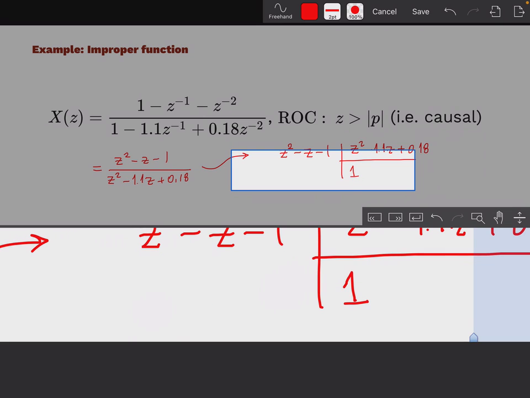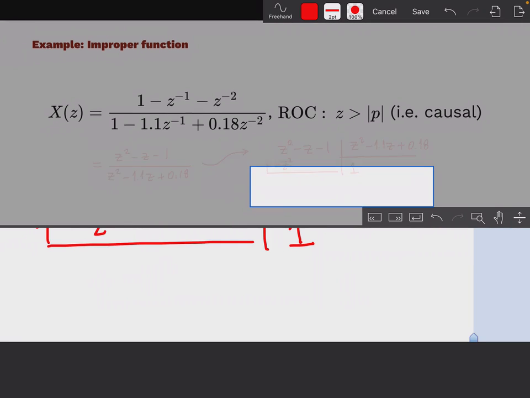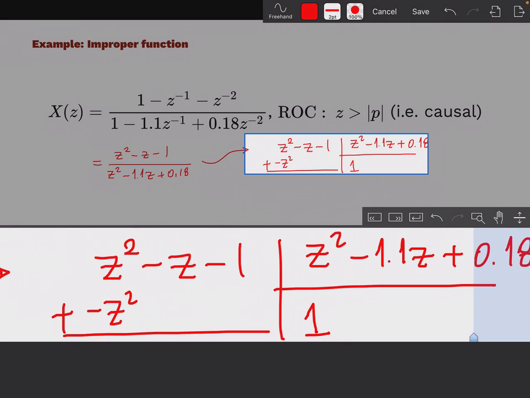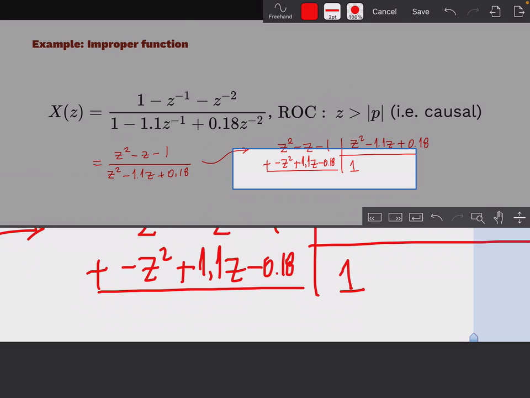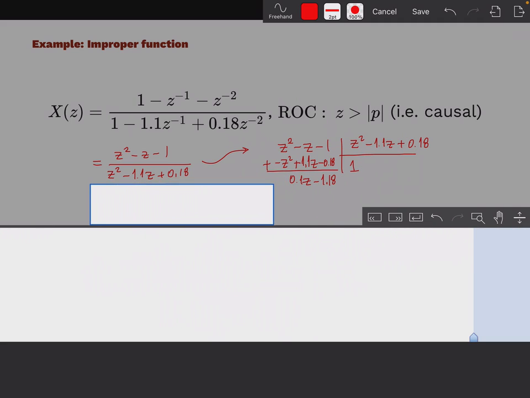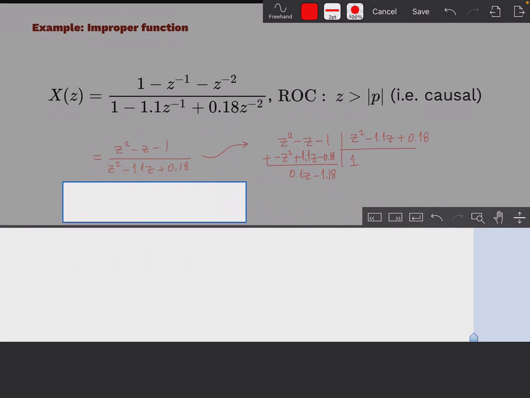So we have one of this within this, which means we're going to add minus z squared, plus 1 minus 1z minus 0.18, which will give us what? 0.1z minus 1.18.